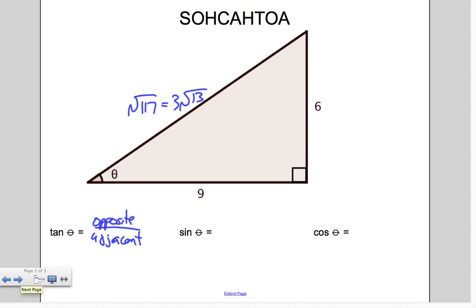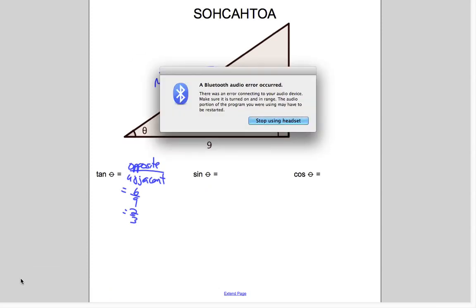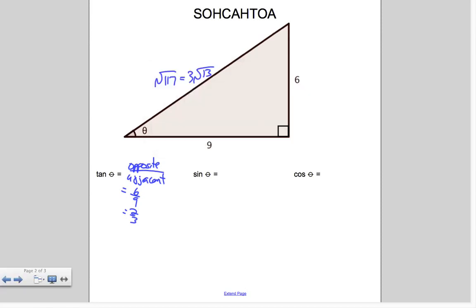So in this case, it's 6 over 9, or 2/3. So what we're going to do is introduce two other trigonometry functions.